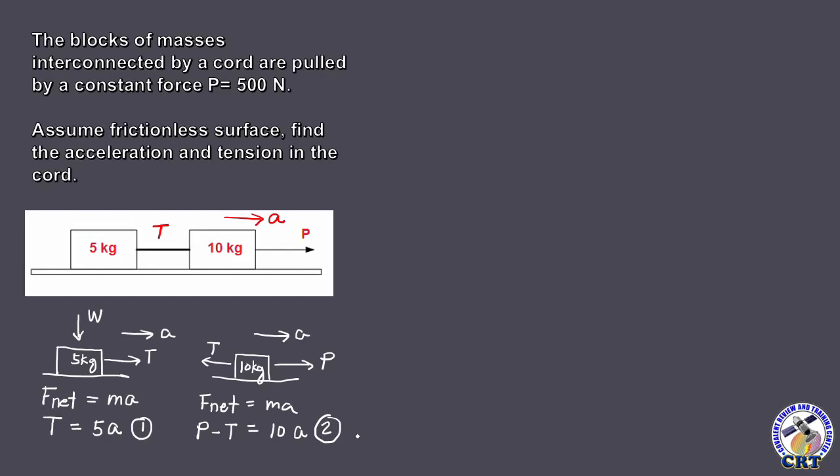Let us bring the solution up here. From equation 1 and equation 2, we can substitute T. T is 5A from equation 1. We can substitute that into equation 2. Therefore, we have P minus T, and let us replace T here using 5A from equation 1.